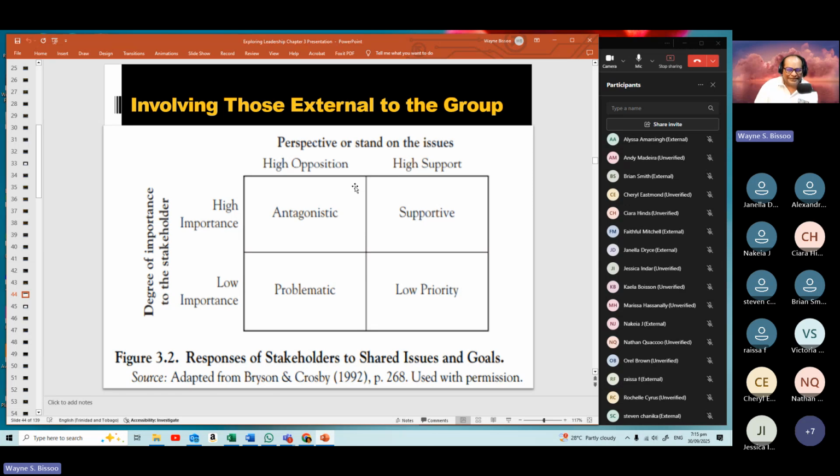The problem is the college has requirements that you have to meet in order to get into that position. So there are high levels of support coming from the ministry and from the government for us to do our job, but there's a high level of opposition by the students in that section, and they tend to become antagonistic.